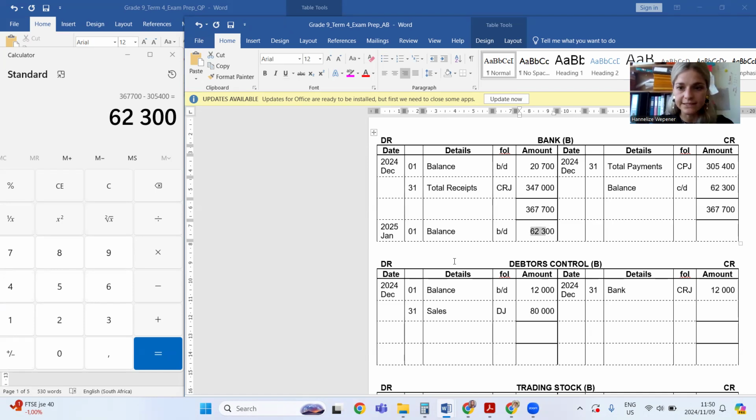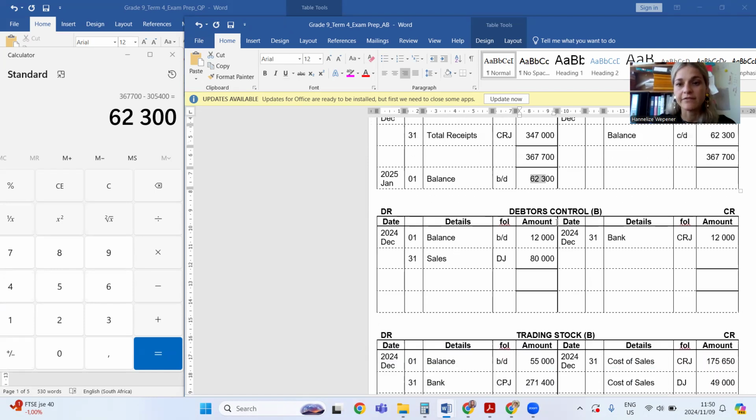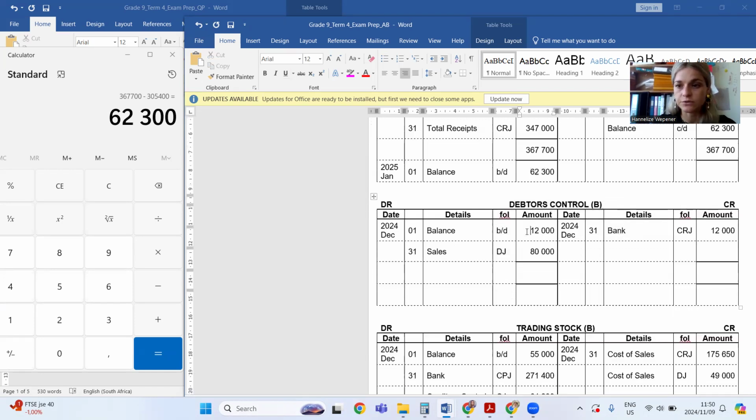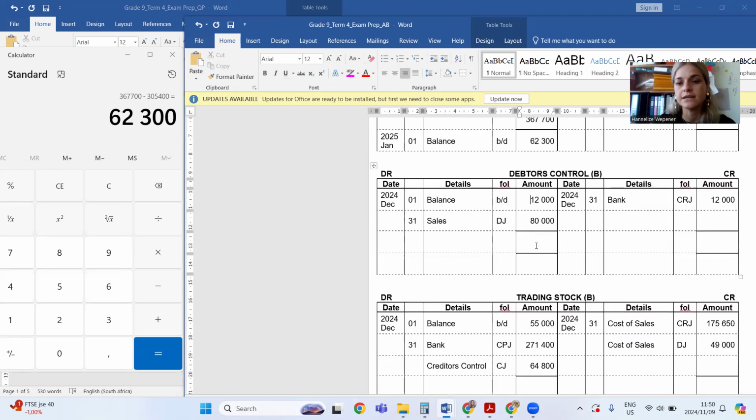Okay, right. Next up, we have our debtors control account. We're going to do the exact same thing. Add everything on the debit side and credit side, and see which side is the bigger one. It's clear that the debit side is the bigger one. Then make the credit side equal to that total. It's your 80,000, and that is your balance.